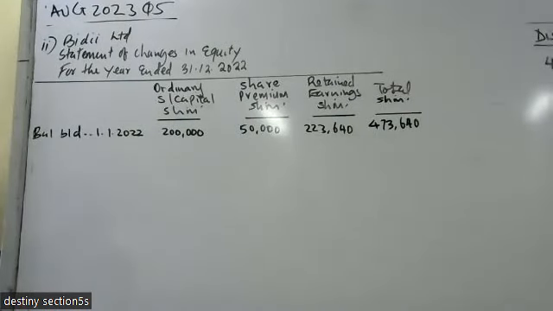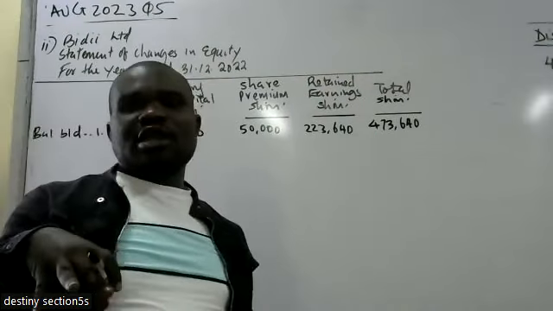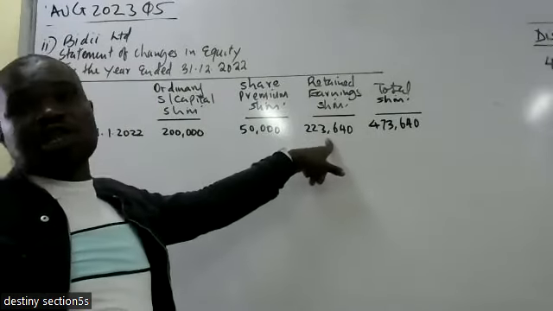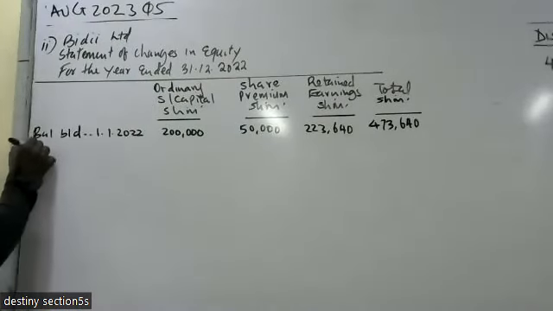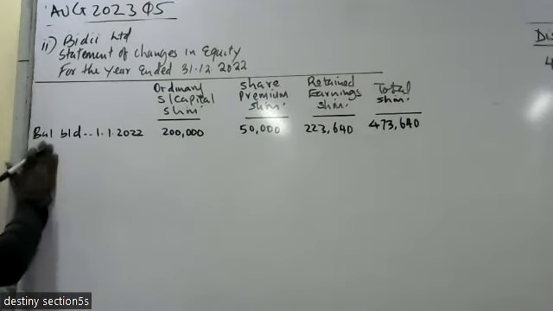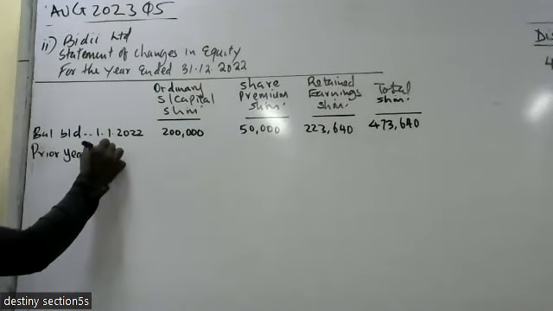Then there was prior year adjustment. There's a total of bad debt of 12. 7 was for this year, 5 last year. So 5 last year means this profit brought down is wrong. Just say prior year adjustments.